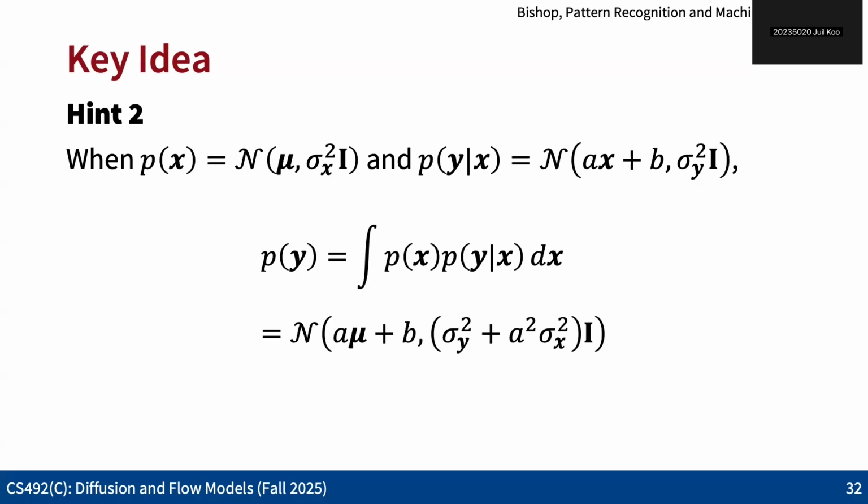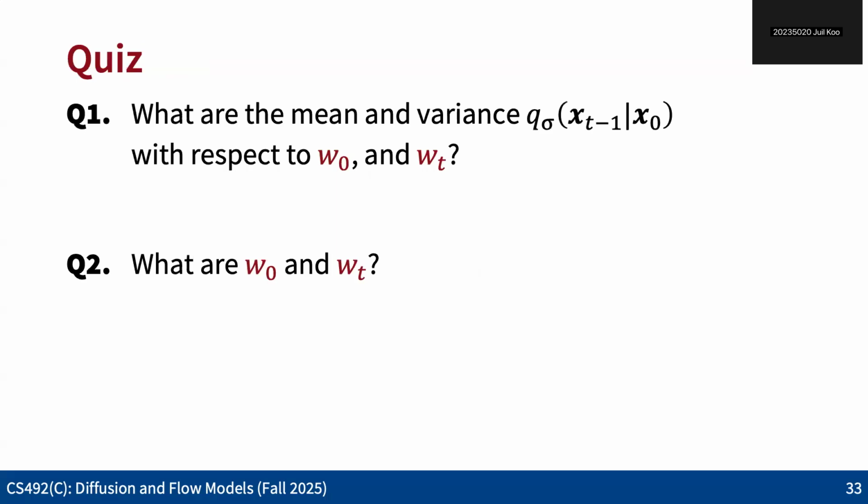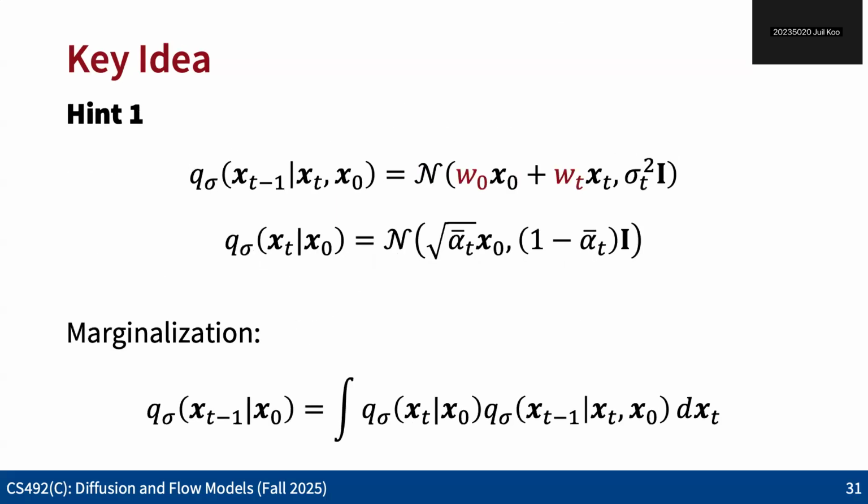So based on these facts, now we can derive the W0 and the WT. Once again, consider this as the prior and the likelihood distribution. When these two are Gaussian distributions, with the mean as some linear function of the conditions, we can derive the marginal distribution as another Gaussian distribution, right?